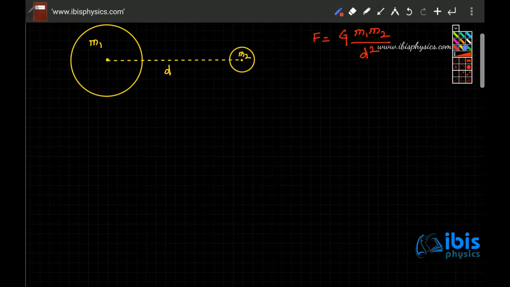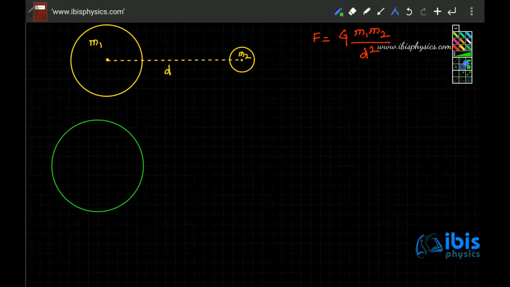Let us try to imagine a planet. Let's say this is the planet and this is the center of the planet, and you have an object at the surface of the planet. Even though the object is at the surface, consider the distance from the object to the planet.